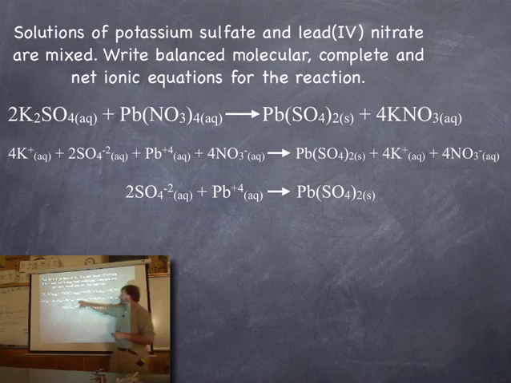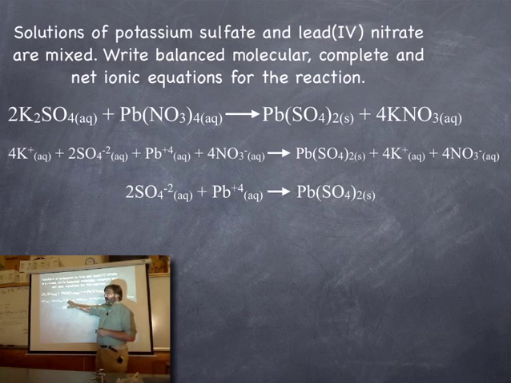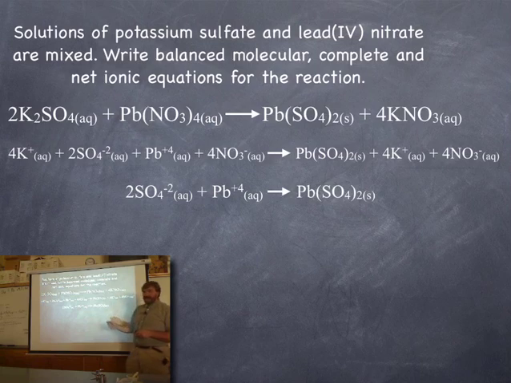So when the things are separate, you must show the charges because they are ions. When you write them together, you must not show the charges because the charges are canceling out. So individual ions must have charges. Ionic compounds should not have charges because the charges are canceling out.